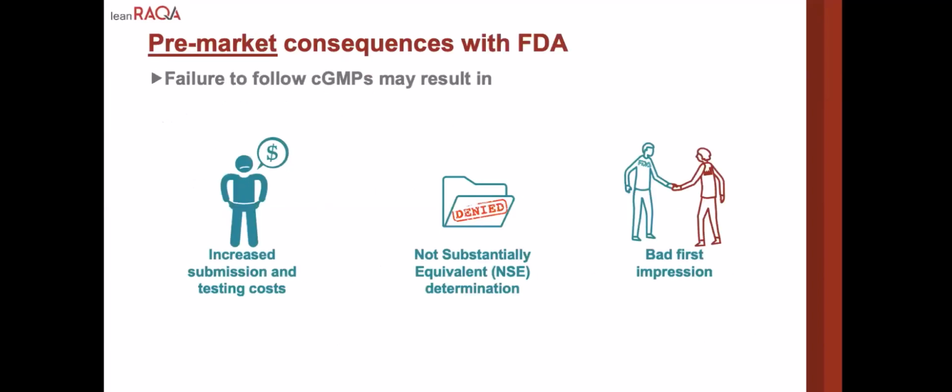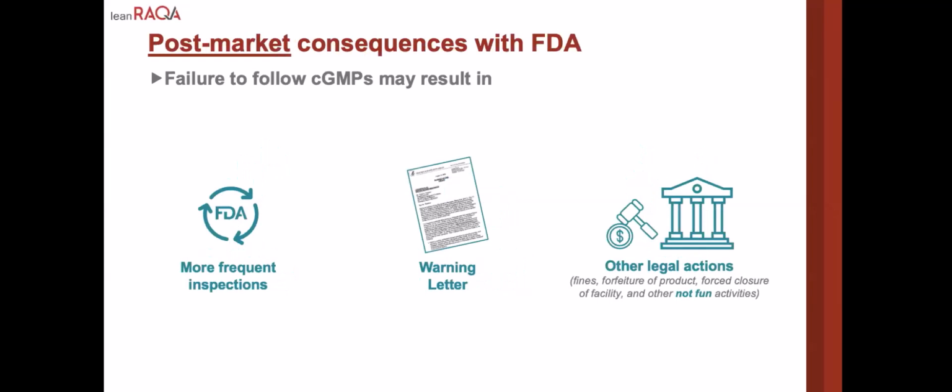Pre-market consequences, if you fail to follow the QSR and GMPs, it can be increased submission and testing costs. It can cost you more time to market. You can get a non-substantially equivalent decision, and then it'll just leave a bad taste in the FDA's mouth with a bad first impression. In post-market, it can lead to you having more frequent inspections.